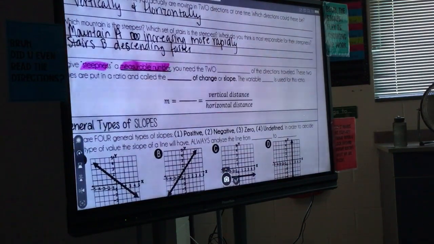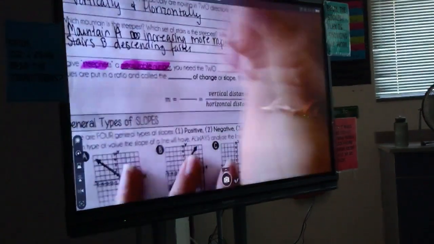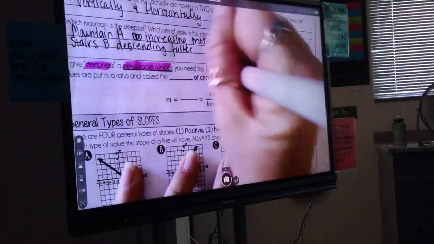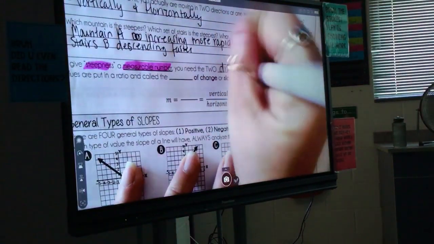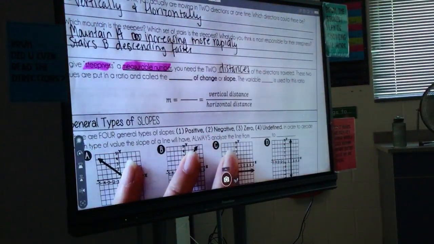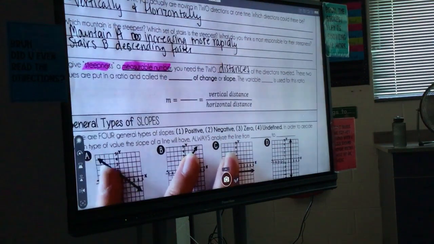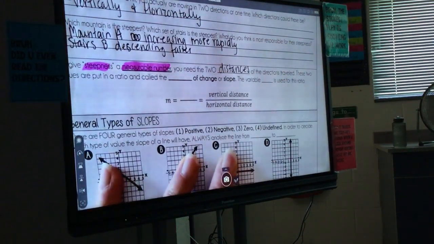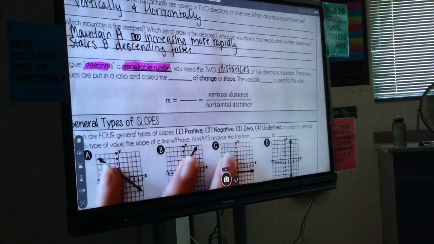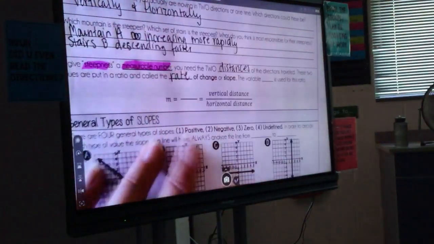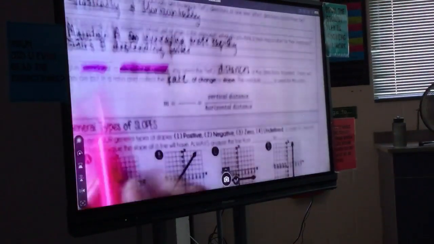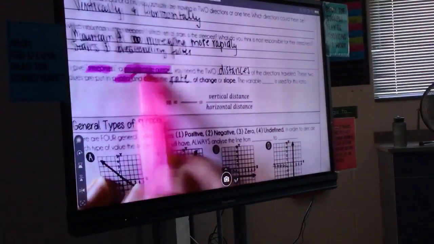All right. You need two distances of the directions traveled. These two values are put into a ratio. So it's not a fraction, it's put into a ratio. And it's called the rate of change or your slope. So it's a ratio, and it's called the rate of change or slope.